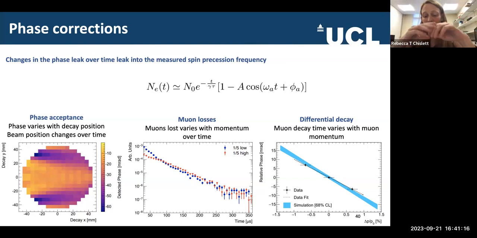Depending on the momentum, they decay at different times. And because the phase is correlated with the momentum, this means the phase changes over time. So these are all basically phase changes, but they're divided into 3 different corrections that we apply.